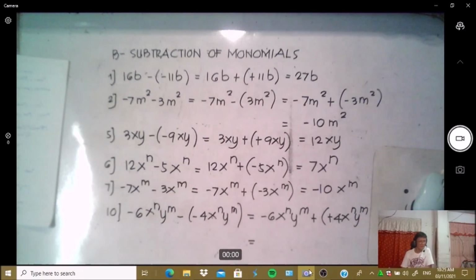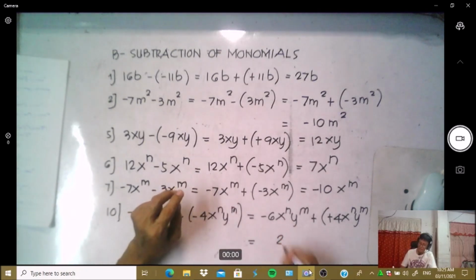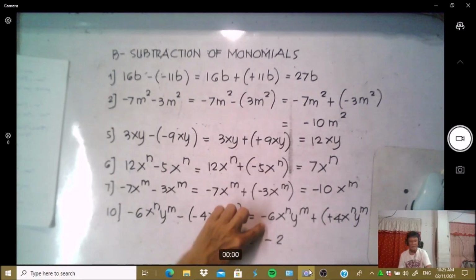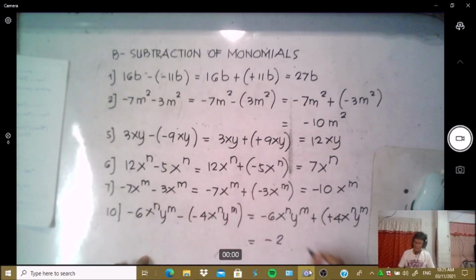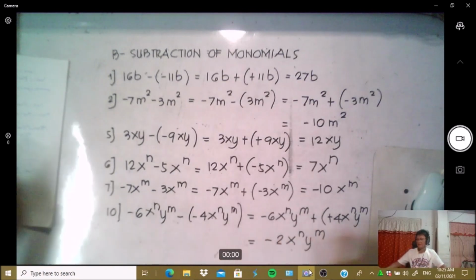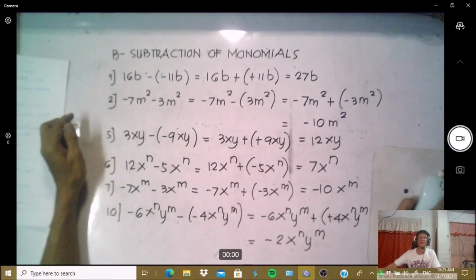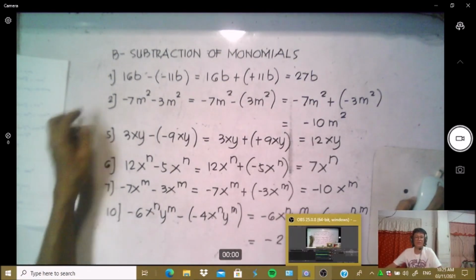Therefore we have to get the difference of 6 and 4, and that is equal to 2, and keep the negative sign since 6 is larger than 4. So we have negative 2x raised to n y raised to m. Okay, so that ends our discussion for subtraction of monomial.